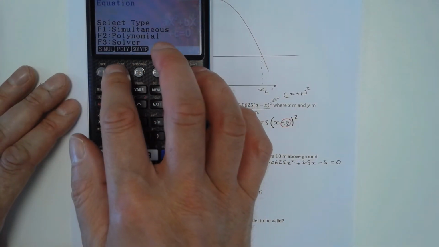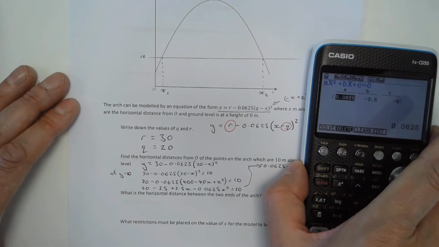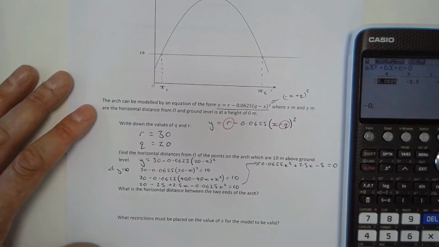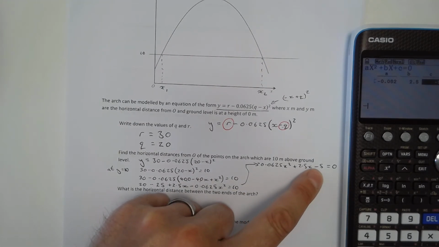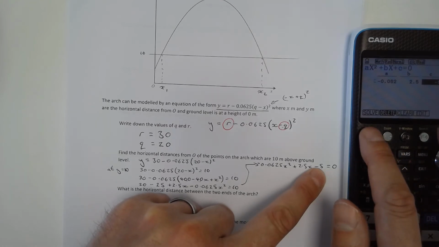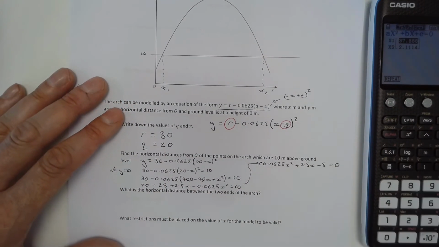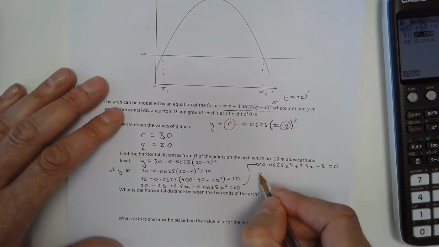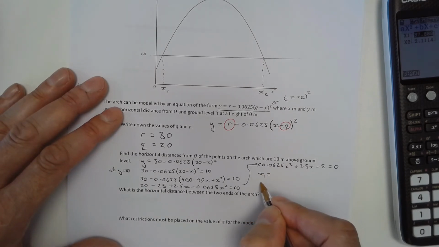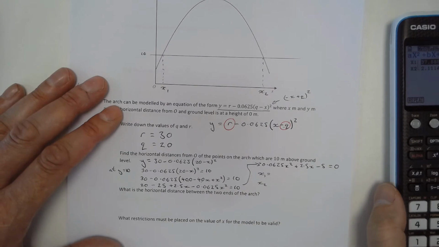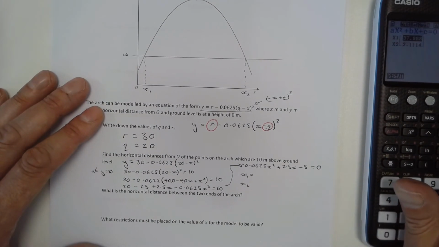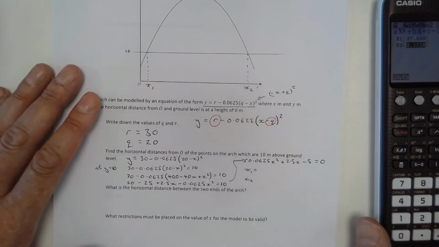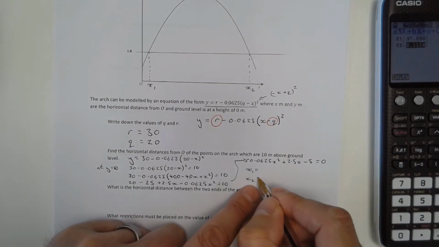So I'm going to go into an equation, I'm going to go polynomial, I'm going to go to 2, and I'm going to type minus 0.0625, plus 2.5 and minus 5. And I'm going to press the solve button, and I get, I'm just going to write this in surd form as well as decimal form, because it'll maybe help us to understand it and think that we may have the right answer here.